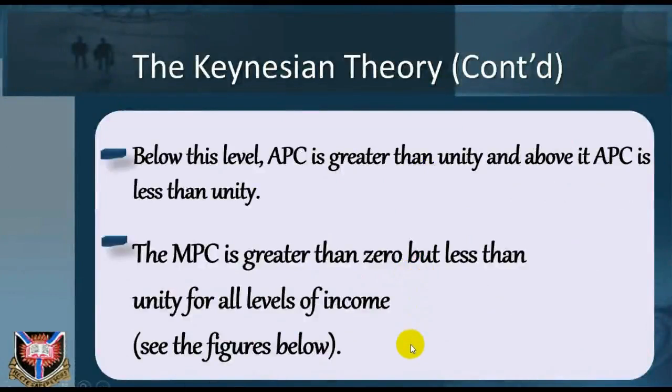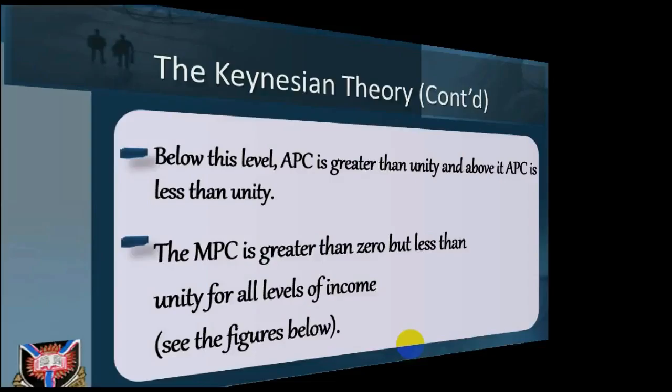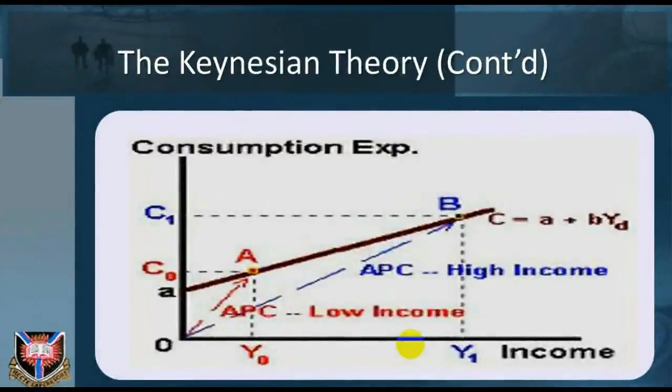Number two, the marginal propensity to consume is greater than 0 but less than 1 for all levels of income. The Keynesian theory, as enunciated above, relates current consumption to current income. However, empirical studies carried out by researchers have not supported this theory. This has led to several modifications of the hypothesis as discussed below.